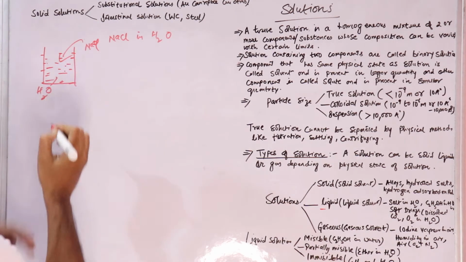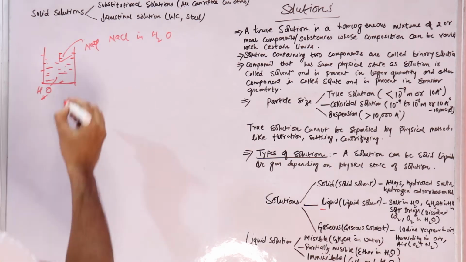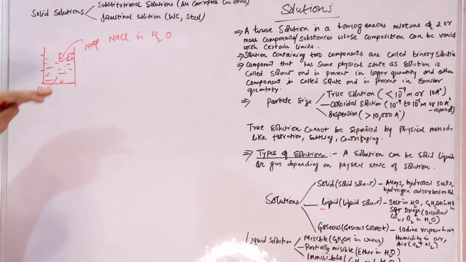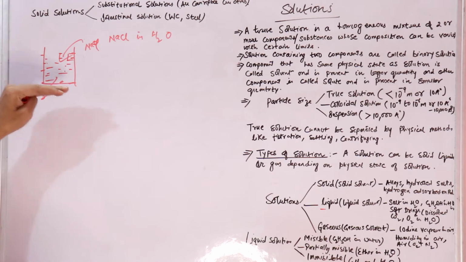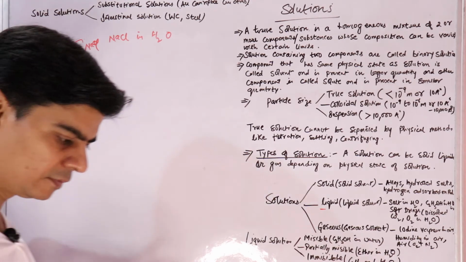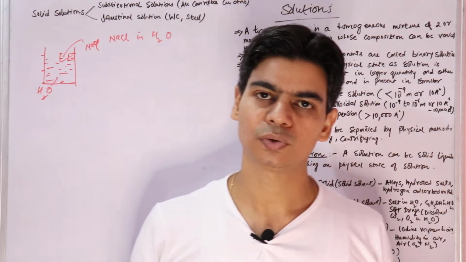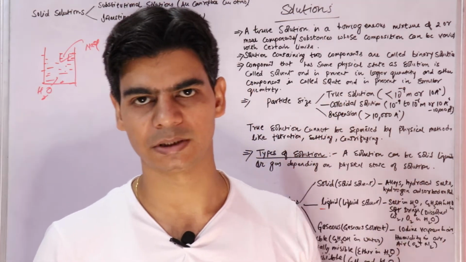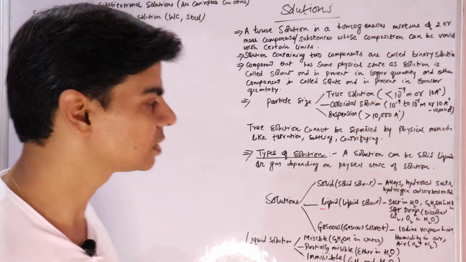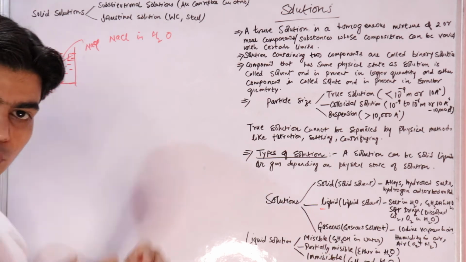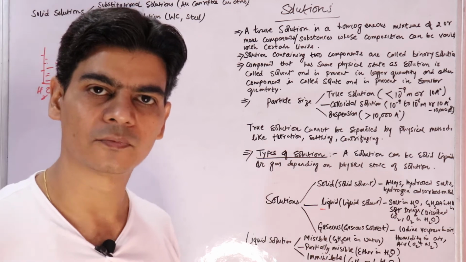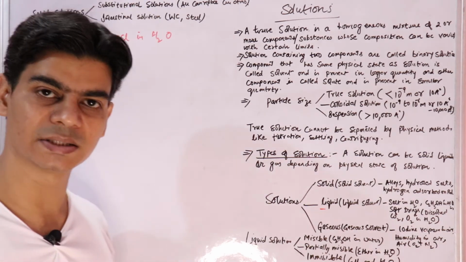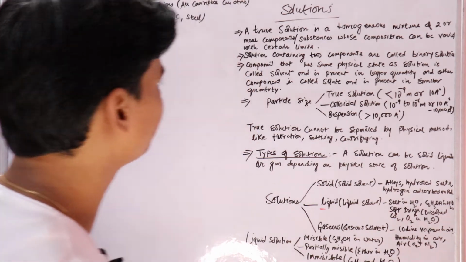Once it forms a solution, if you taste it from the top, it will taste salty. If you taste it from the middle, or from the bottom, it will taste the same. This means it's a homogeneous mixture. A homogeneous mixture has the same properties throughout. From wherever you taste it, it will taste similar.